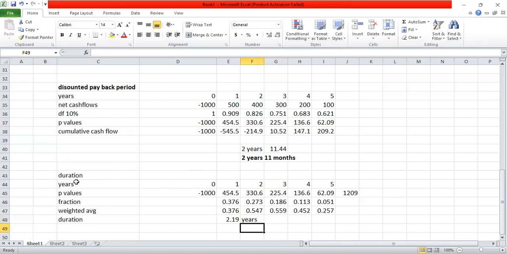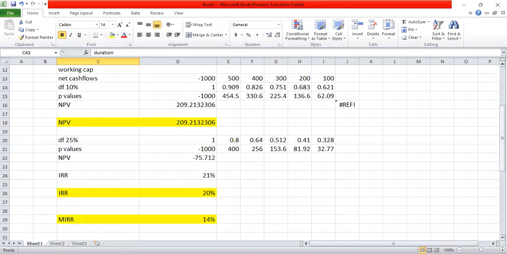So we have gone through the NPV, IRR, MIRR. We have gone through the discounted payback period. We have gone through the duration.